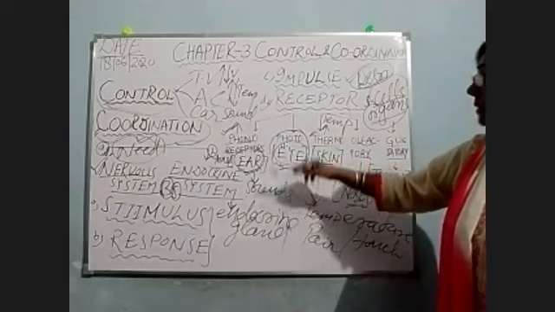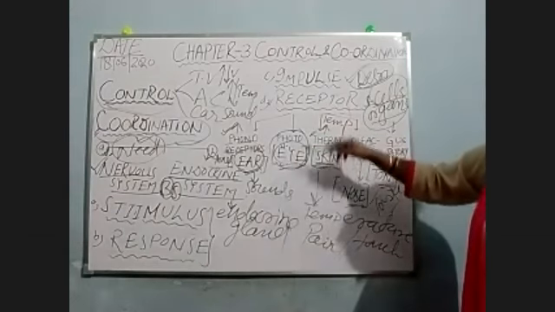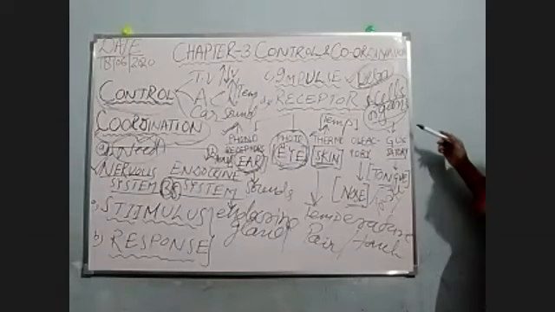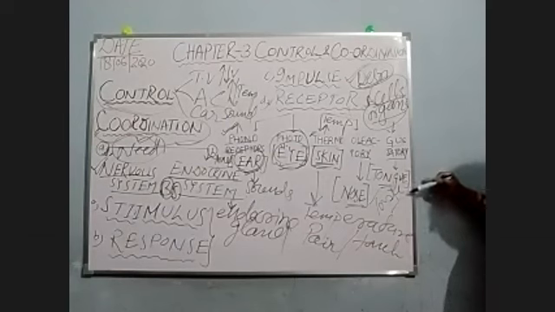Phono means you are listening to different types of sounds. Photo, all the visual stimuli. Thermo, that is temperature, pain and touch. Olfactory, present in your nose, helps you detect smell. Gustatory, present in the tongue, helps you taste different objects. So is it clear?